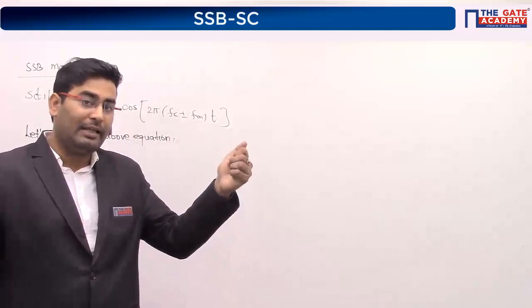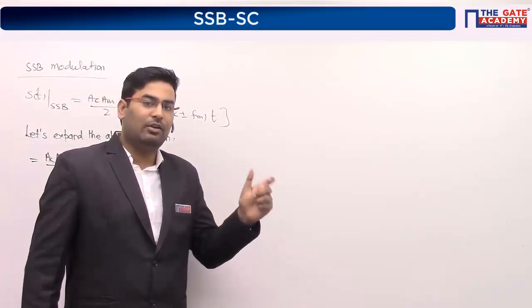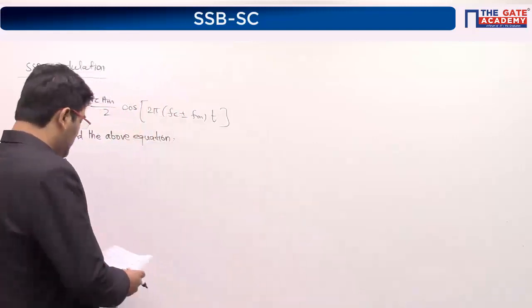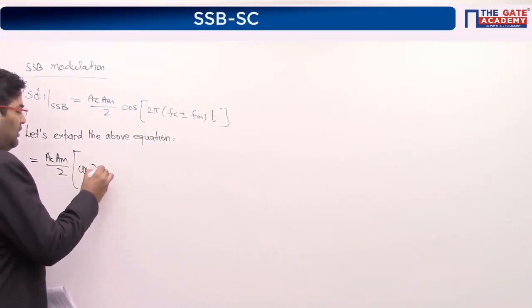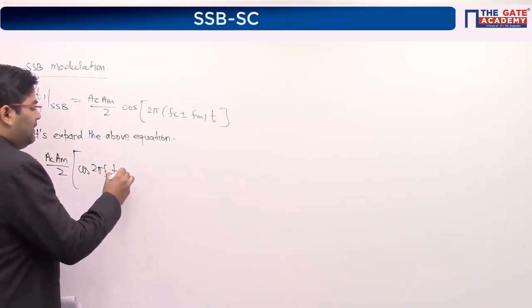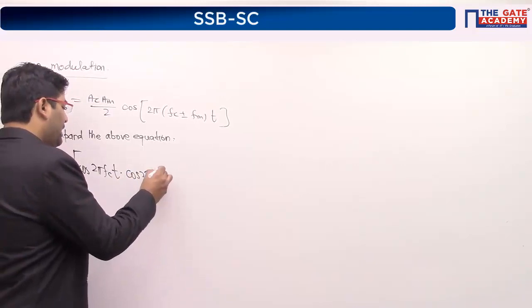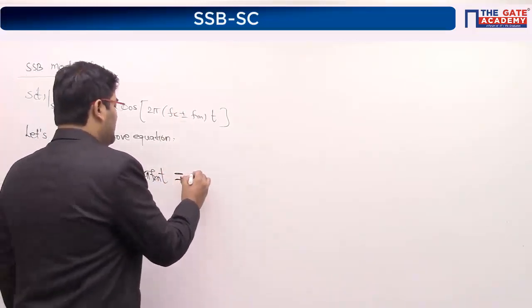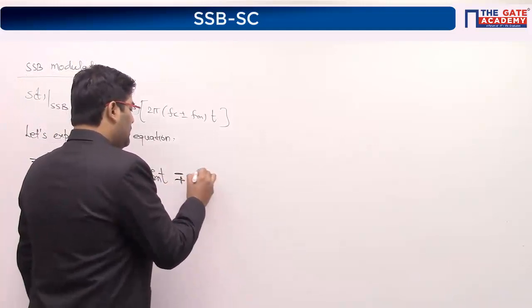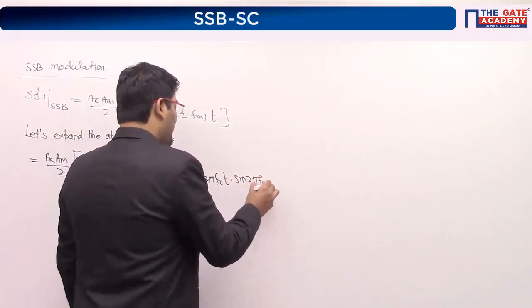Cos A cos B minus sin A sin B. And cos of A minus B is what, guys? Cos A cos B plus sin A sin B. So I will write cos 2 pi FCT cos 2 pi FMT, and the plus will become minus and minus will become plus, and sin 2 pi FCT sin 2 pi FMT.